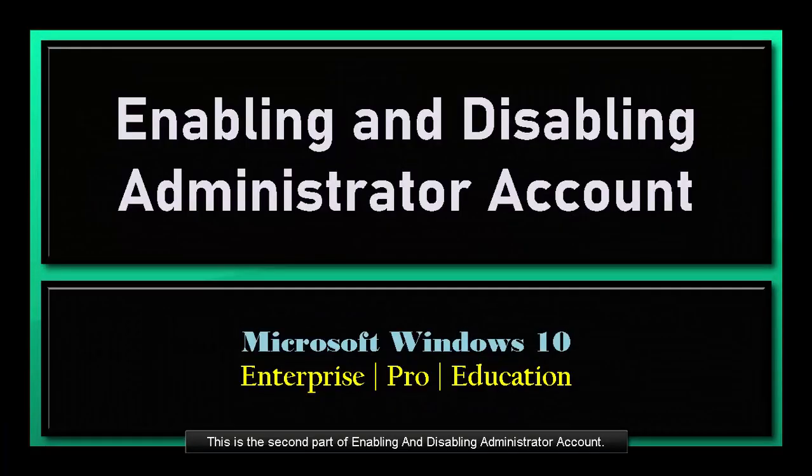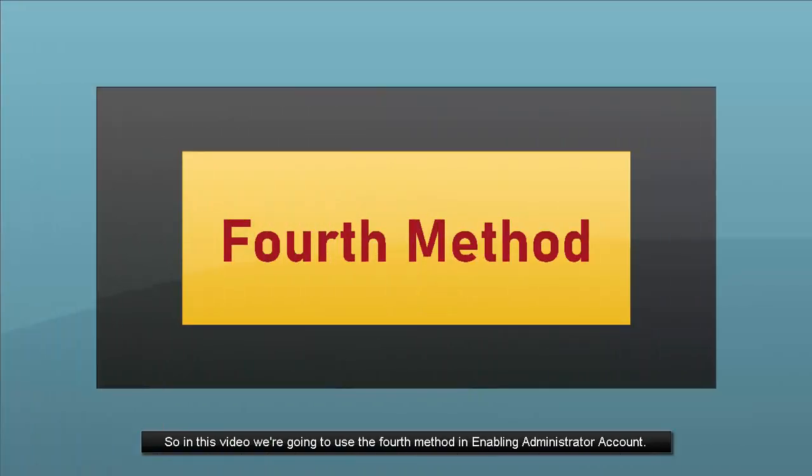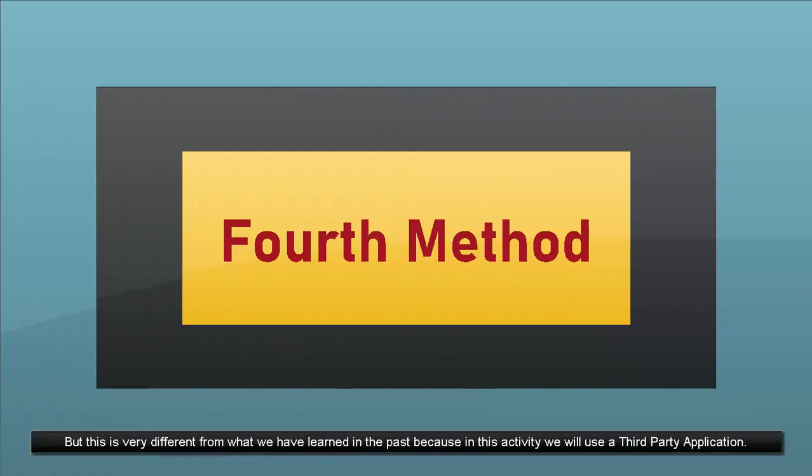This is the second part of enabling and disabling administrator account. So in this video, we're going to use the fourth method in enabling administrator account. But this is very different from what we have learned in the past because in this activity, we will use a third-party application.